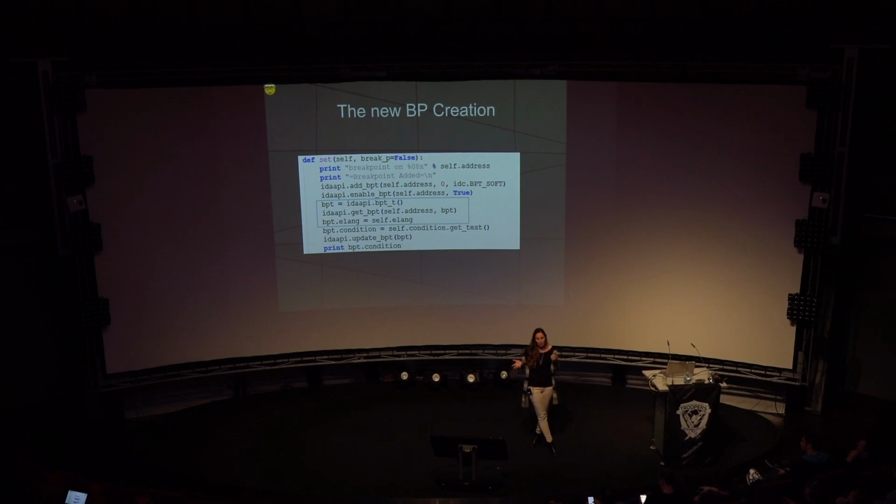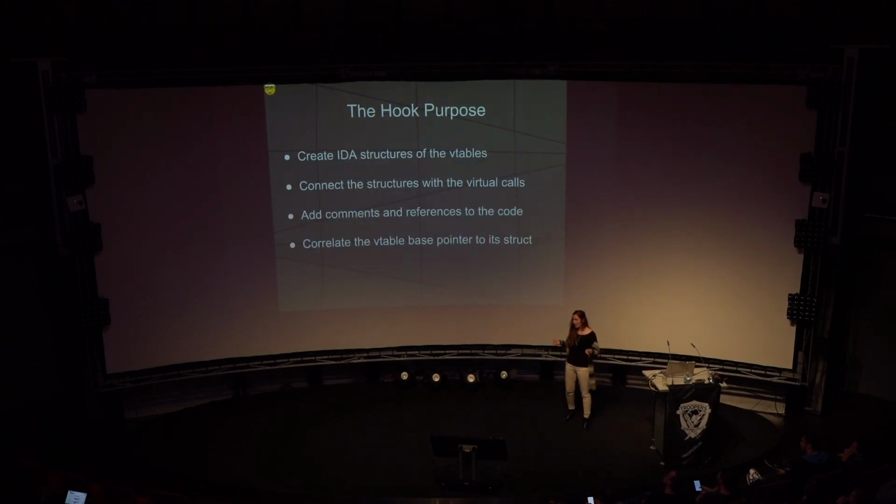Which means this one is part of a bigger class, and this class has options for both conditions in Python and in IDC. The default option is that self.elang is Python, but you, as a user who uses my tool, can change it to IDC. So here we have a breakpoint that you can create with a Python condition. So yay, this is what we wanted.